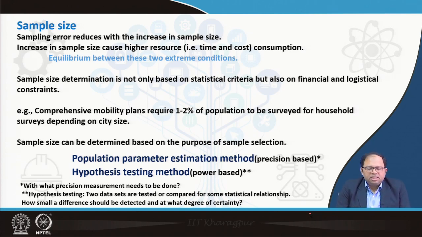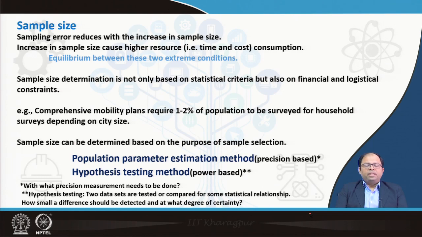Sample size determination is not only based on statistical criteria but also on financial and logistical constraints. We can determine sample sizes based on a formula, but the number of samples that need to be collected may be beyond the financial capability of the surveyor. That means we may not have so much resource or money for that kind of sample collection.